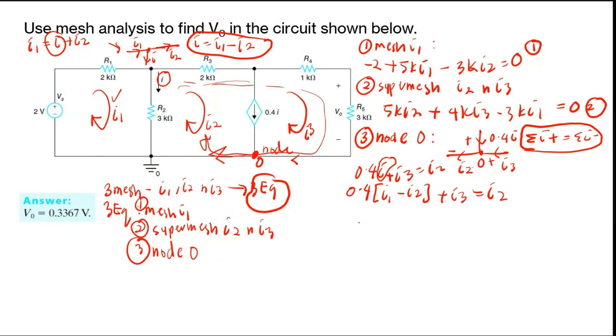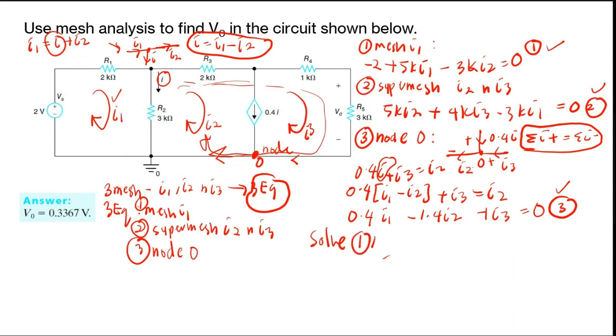Then when you do the arrangement, you can have 0.4 I1 minus 1.4 I2 plus I3 equal to 0. So this is your third equation. So you have all of equations 1, 2, and 3 here, and you need to solve them.